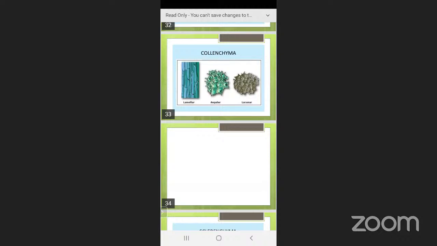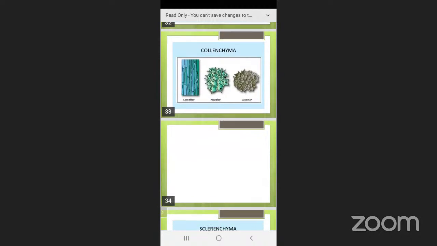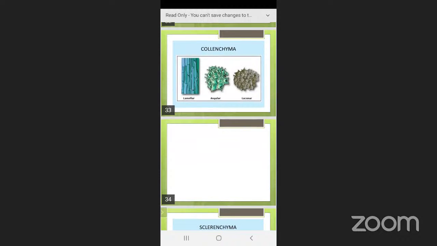Next, this is collenchyma. There are three types: parenchyma, collenchyma, sclerenchyma. About parenchyma again, it has three types: chlorenchyma, storage tissue, and parenchyma, which we have discussed already.